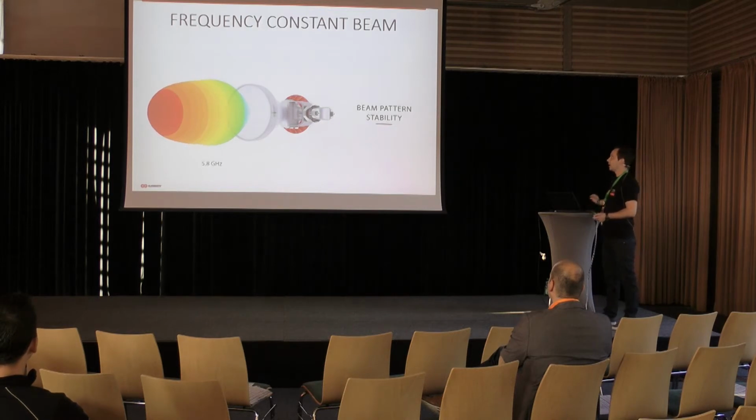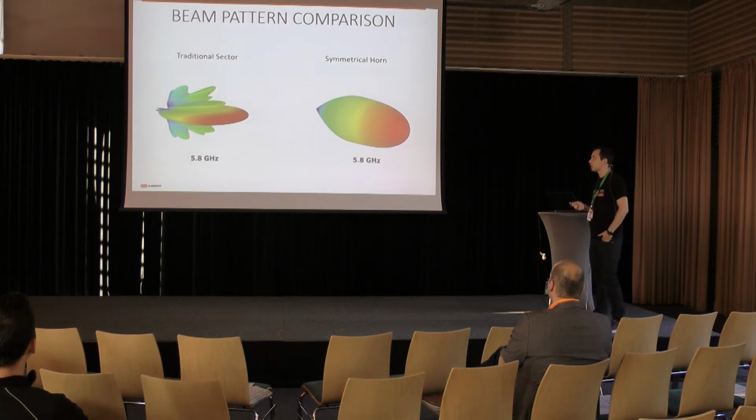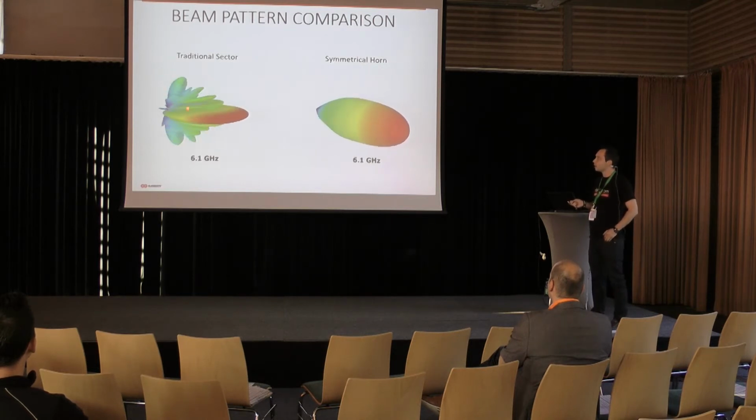Whilst, on the other hand, if you check how the beam changes in traditional sectors, you can see what's happening with your main lobe. When you are changing the frequency, the vertical polarization is getting wider, but the horizontal polarization is getting narrower.